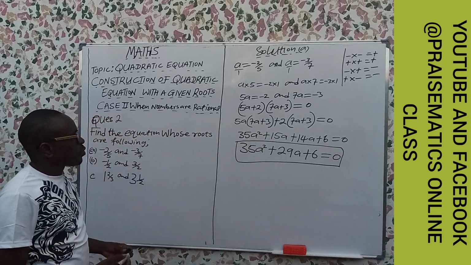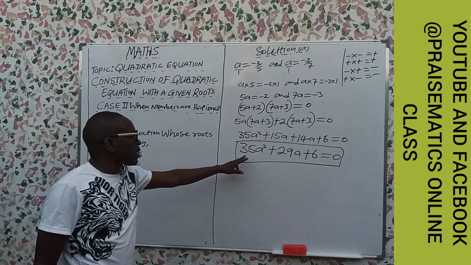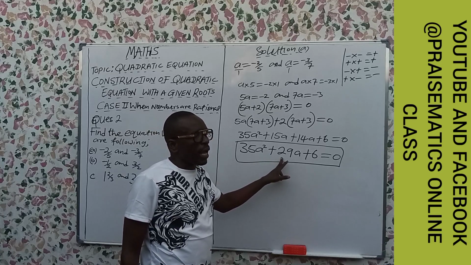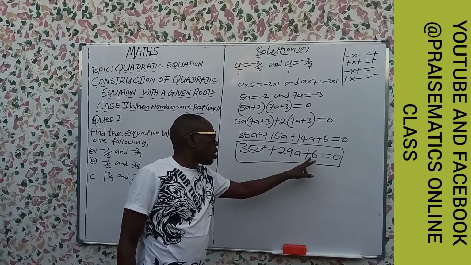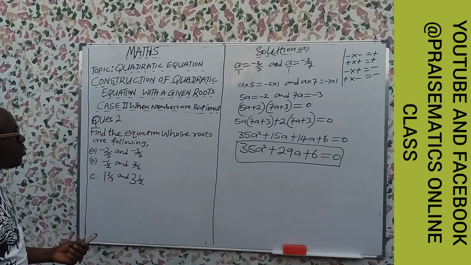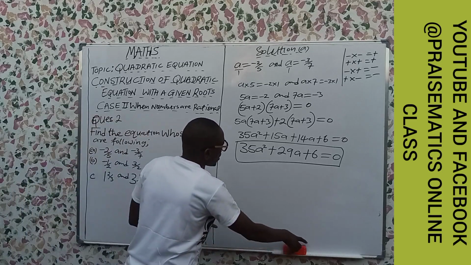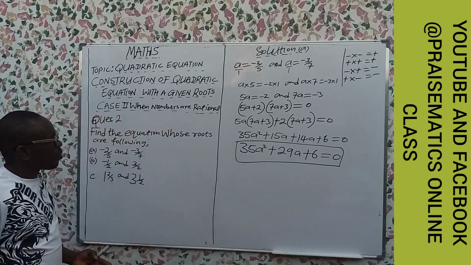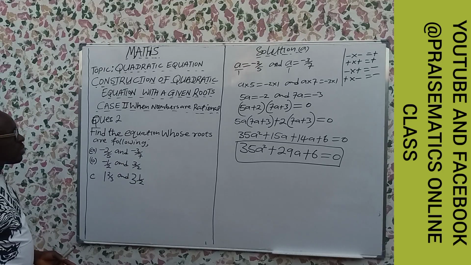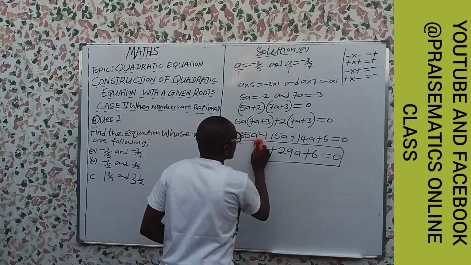So we have formed the quadratic equation: 35A squared plus 29A plus 6 equals 0. You can use the second method as well to solve the equation, that is the formula method. Let's try it and see whether we get the same answer using the second method.